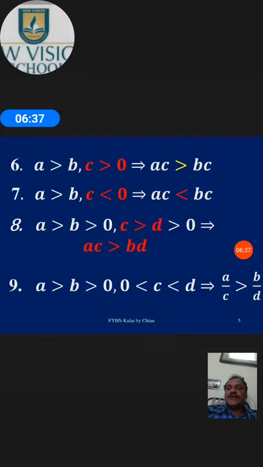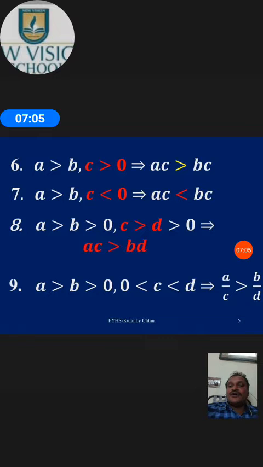Suppose 100 is greater than 10 and c you take a number minus 1. Now minus 100 and minus 10. Okay, ac is minus 100, bc is minus 10. That is obviously less than inequality. That means whenever you multiply with a negative quantity, the inequality will be reversed. Greater than becomes less than and less than becomes greater than.